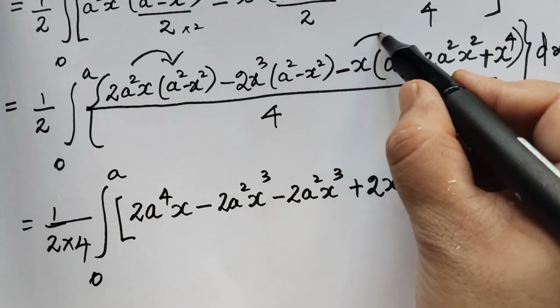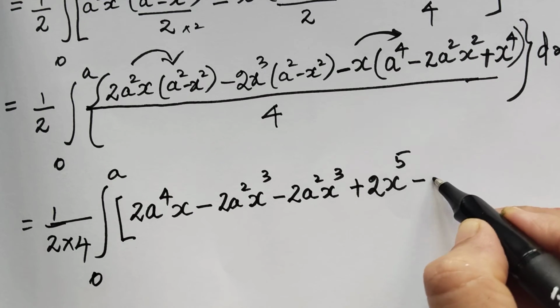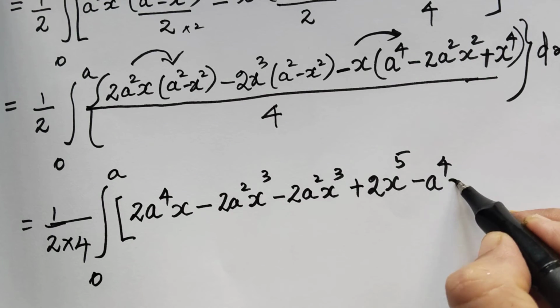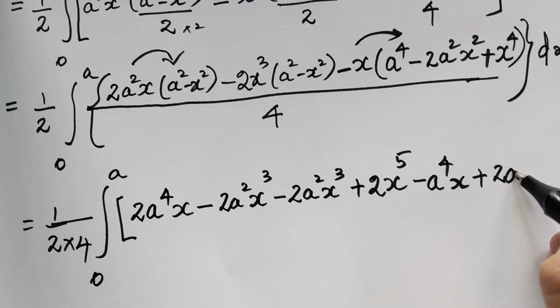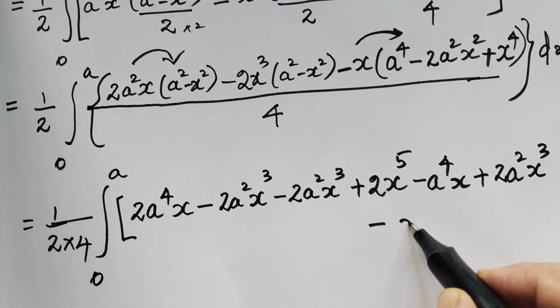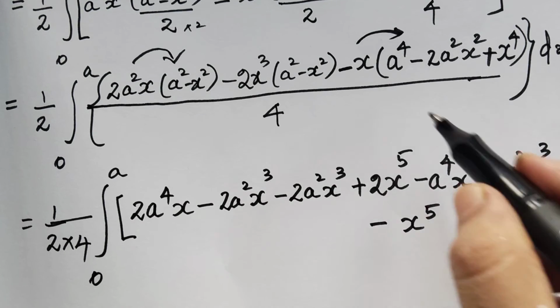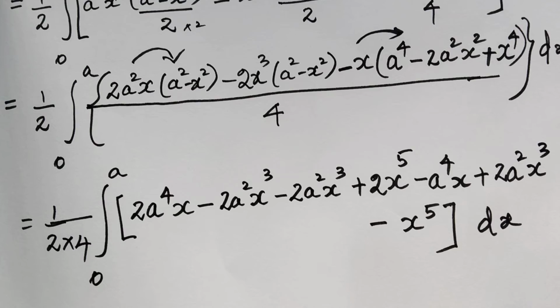This x has to be multiplied within the bracket, so minus a power 4 x, minus into minus plus 2a square x cube we will get, and then minus into plus minus x to the power 5 we will have, because x into x power 4. Close the bracket and dx.